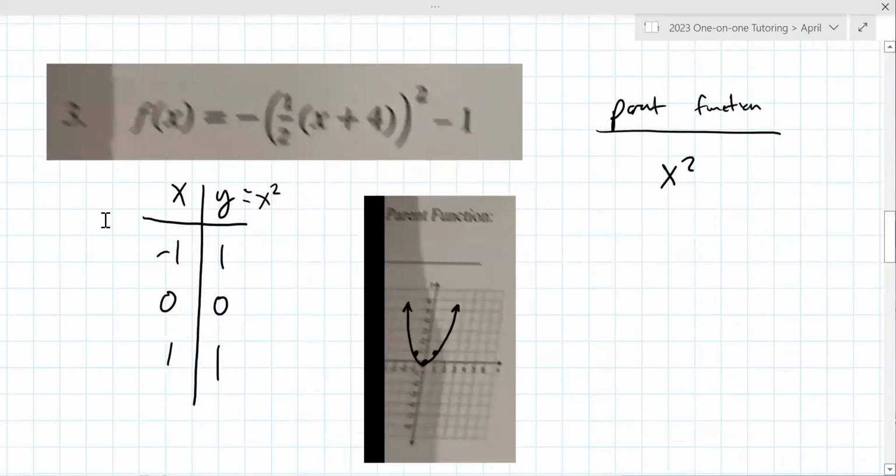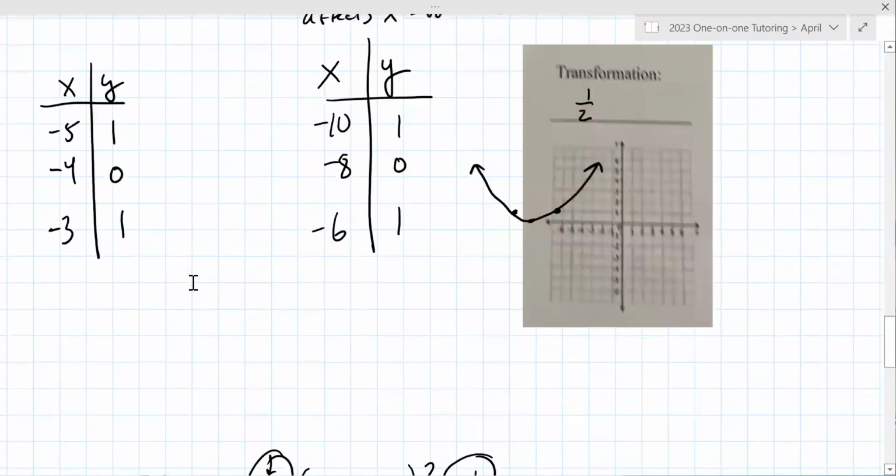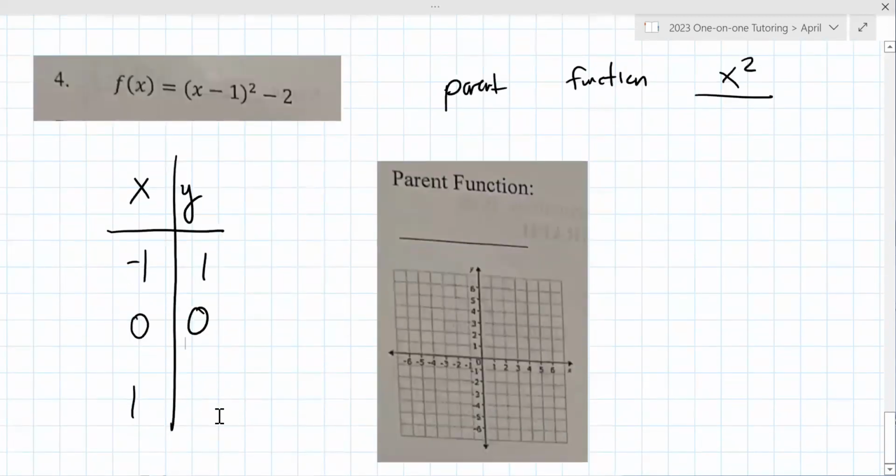So here's the previous problem. I asked you basically the same thing. I asked for the parent function. You told me x squared. Then I asked you for what goes in the table. And you'll see it's -1, 1, 0, 0, and 1, 1. And that's all I was asking for, Sourish. I'm not asking you for anything innovative. I'm just asking you to give me what we already had. So what goes in this position down here?